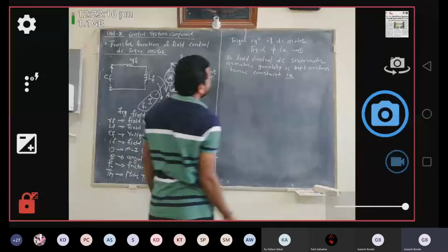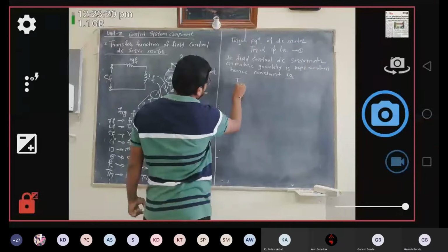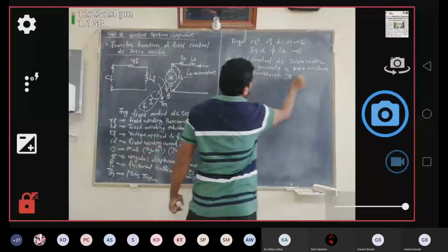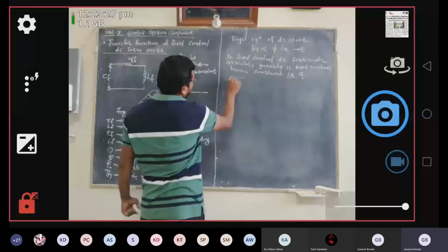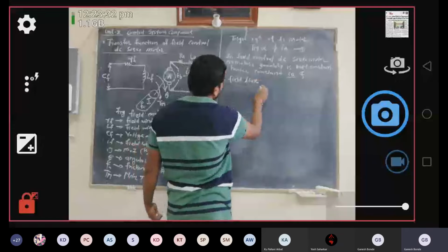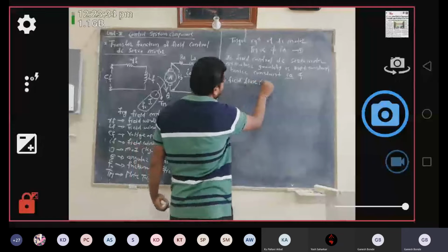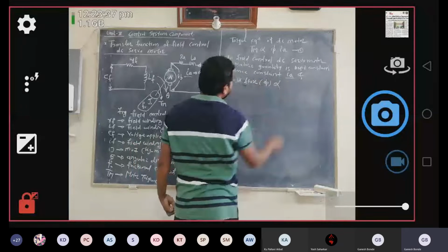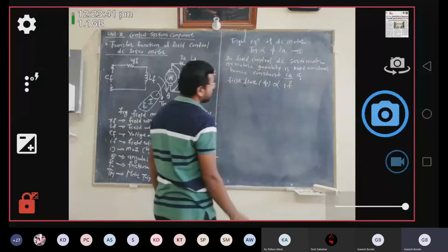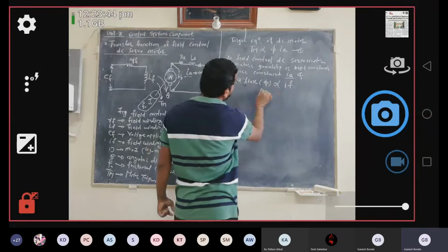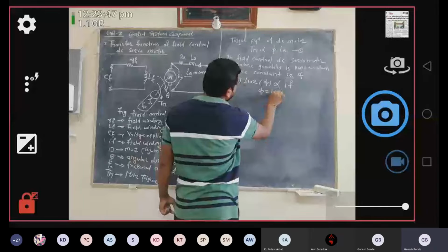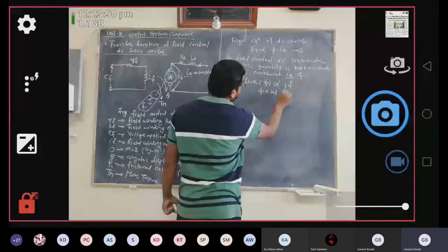And the field flux phi is directly proportional to the field current IF. We can consider the proportionality constant, so phi is equal to KF times IF. This is equation 2.